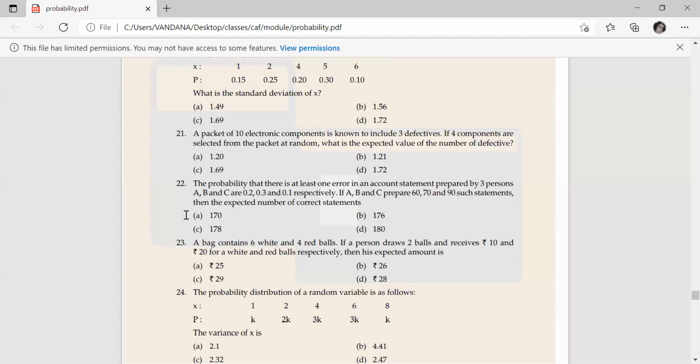If a person draws 2 balls, he may draw both white, both red, one white, one red. A person draw 2 balls, receive 10 and 20 for a white and a red ball.